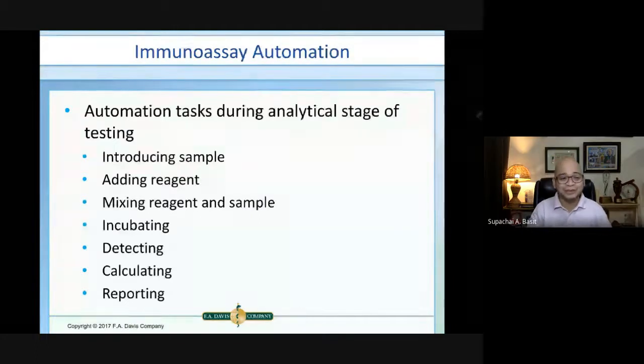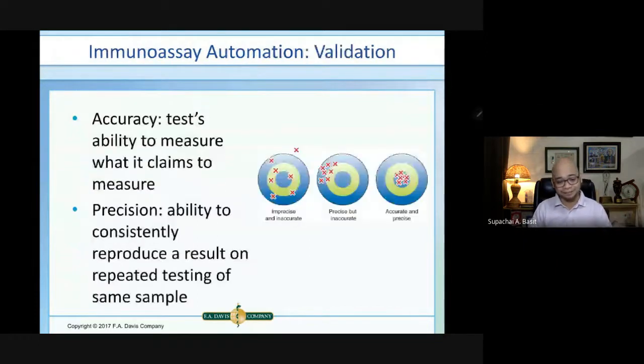All you have to do is to copy the report. Prayerfully, you'll not commit any clerical errors when doing so. However, because of the laboratory information system, the possibility of having clerical errors is also somehow eliminated.